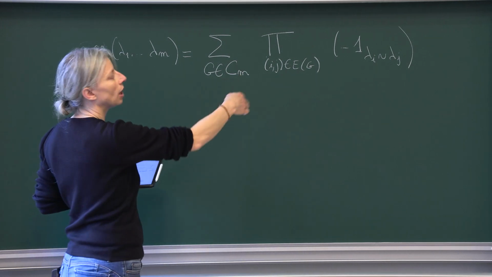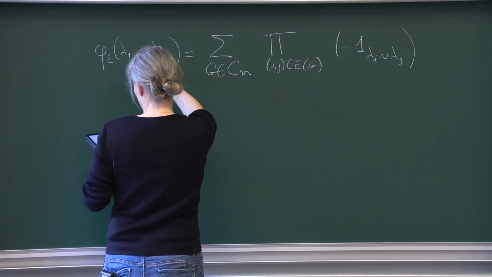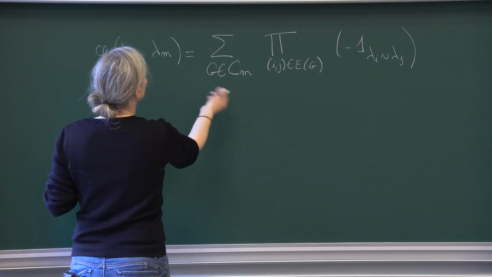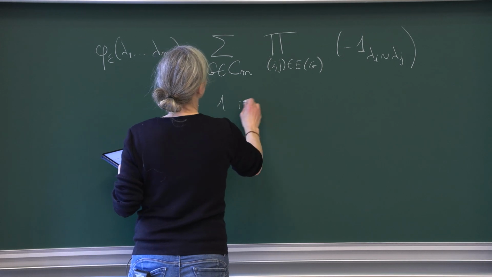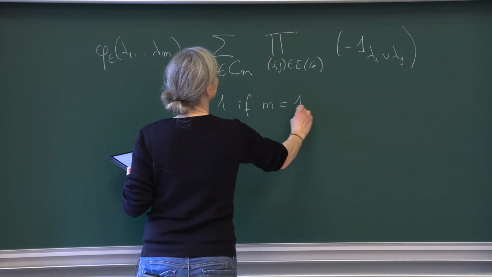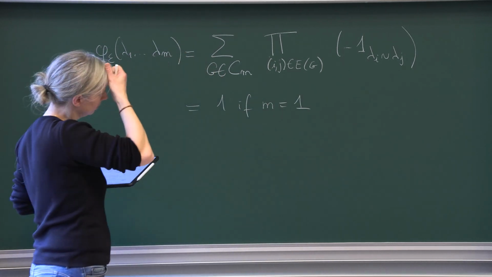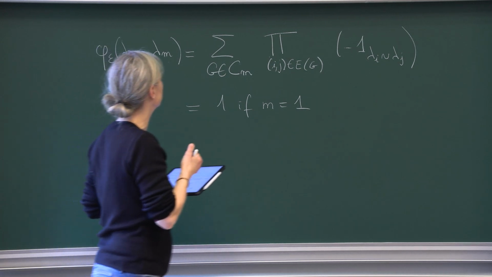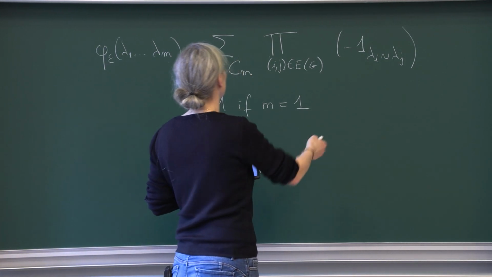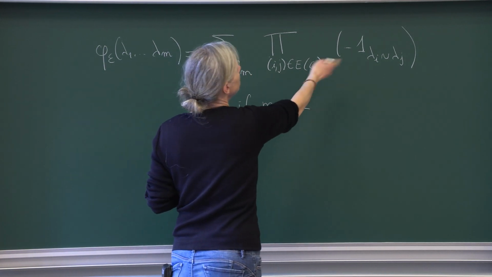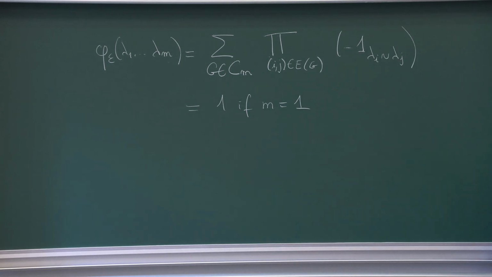Okay, so the same formula. Of course, if m is equal to 1, it's just 1, because essentially this set is just empty, and by definition, anything to the power 0 is 1. Okay, is it okay for everybody?